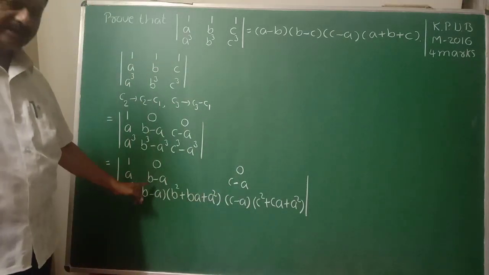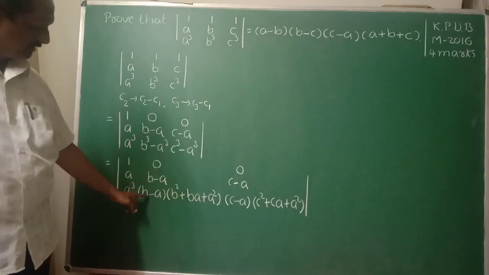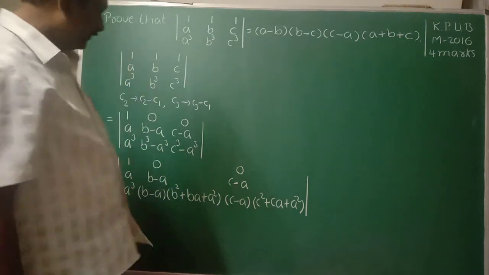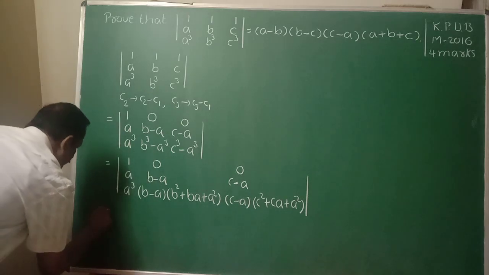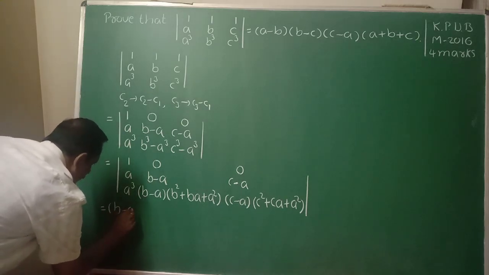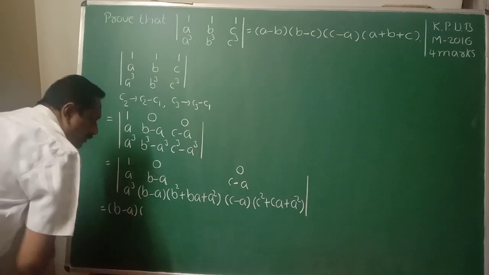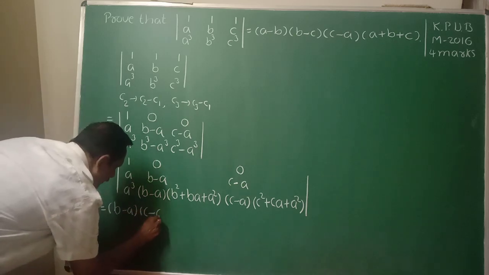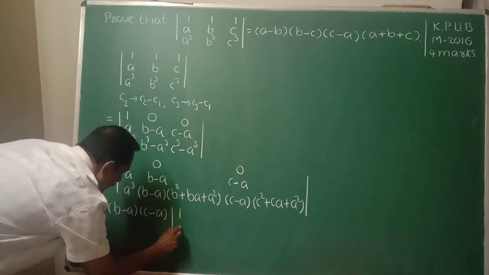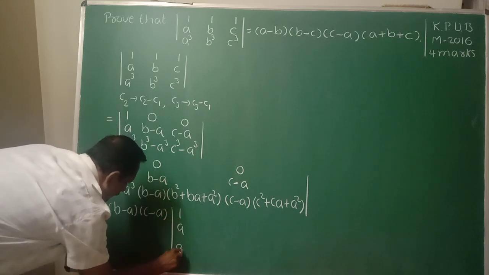From the second column b minus a is common, from the third column c minus a is common. Therefore this is equal to b minus a into c minus a, common factors, and determinant of 1, a cube here.